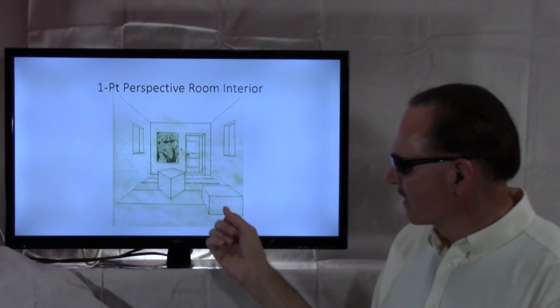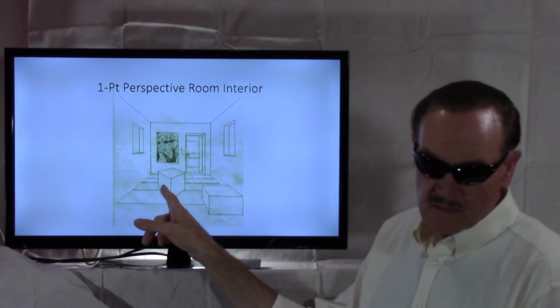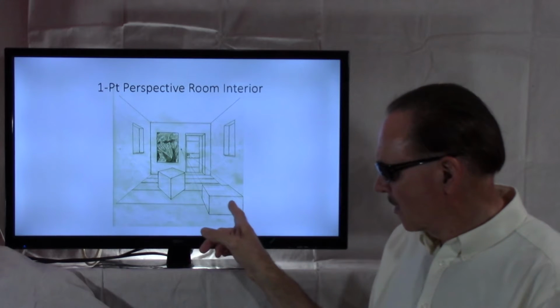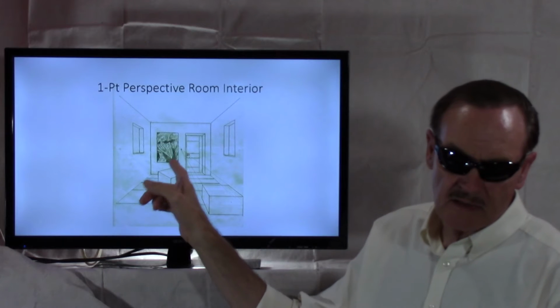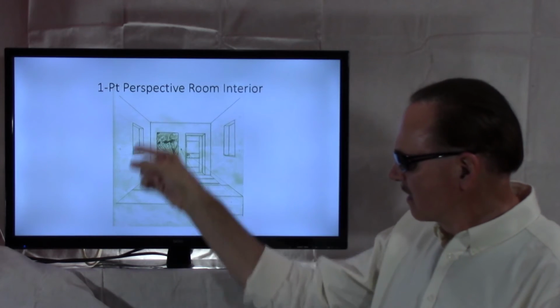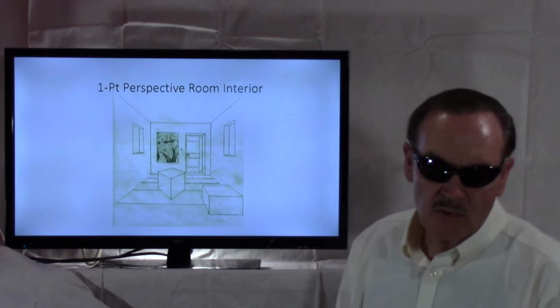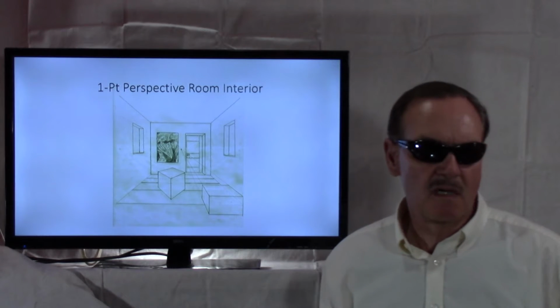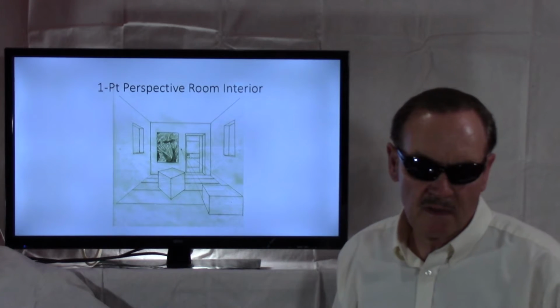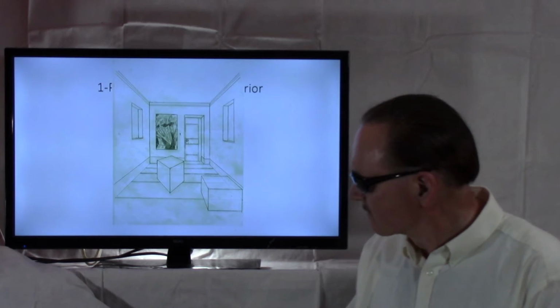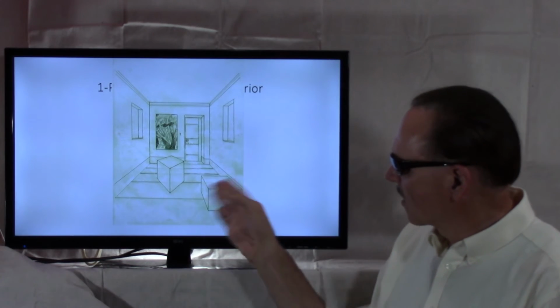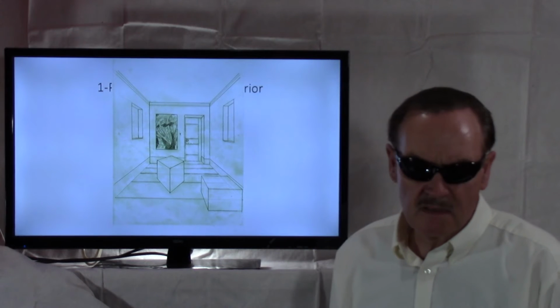After I erase the lines I don't need, you see I have a 2-point perspective box, a 1-point perspective box, and a 3-point perspective picture, all in a 1-point perspective room interior. So this is kind of a review of all the things we've done so far in one particular lesson. When I erase more lines I don't need, it's even easier to see.